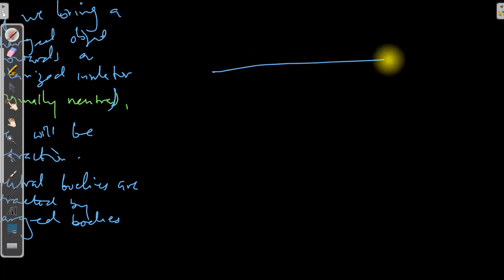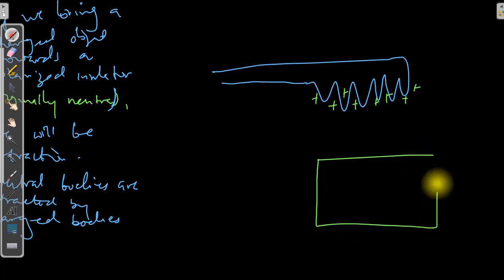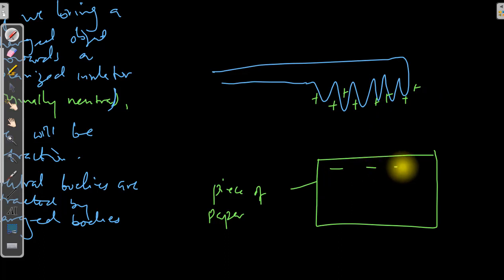So we have a comb. This comb has positive charges on it. And then this is the piece of paper. So what happens is that because of the positively charged comb, this part is going to become negative and this part is going to become positive.